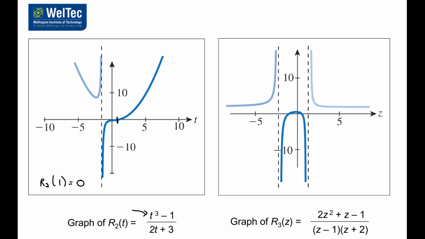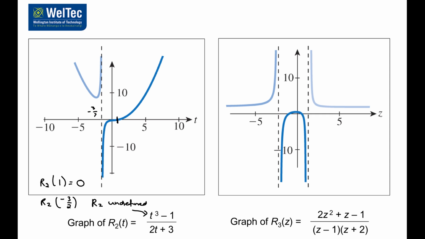What if we put in t equals negative 3/2? What happens then? So if we put in negative 1.5, if t is that, then on the bottom line we get 0. So the whole thing then is undefined at this point here, which is negative 3/2.